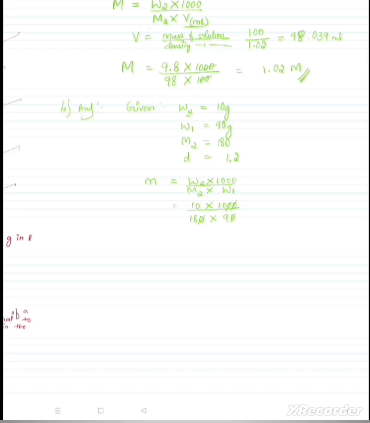If you cancel all the zeros, you will get the value 0.62 molal. You should write the unit as small m for molality and capital M for molarity. Otherwise you can also write mole per gram.